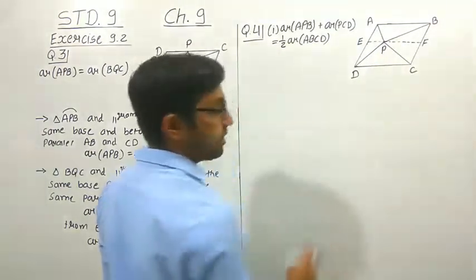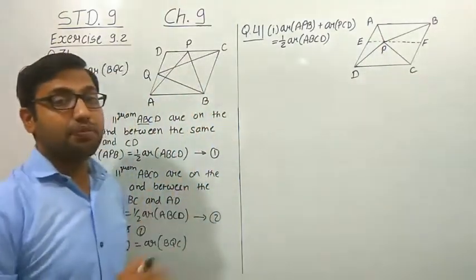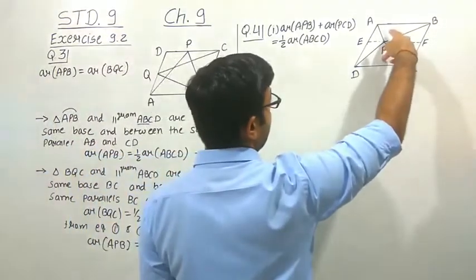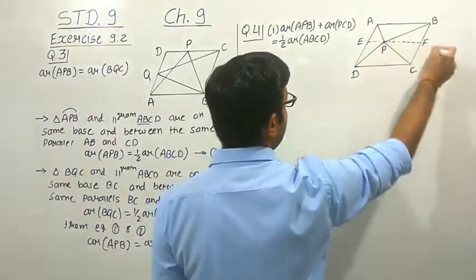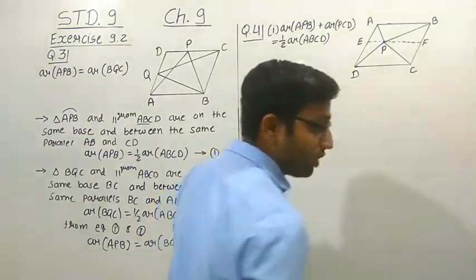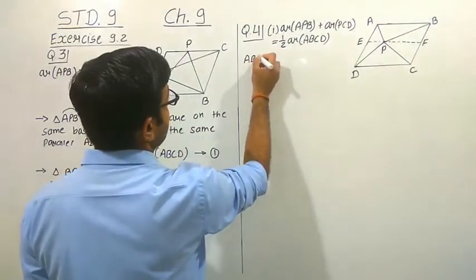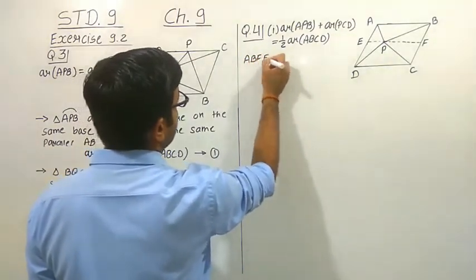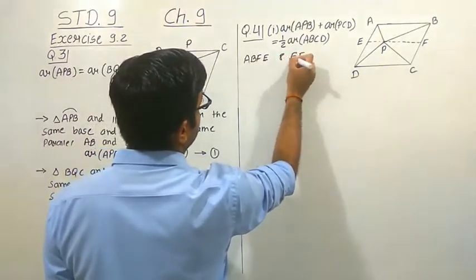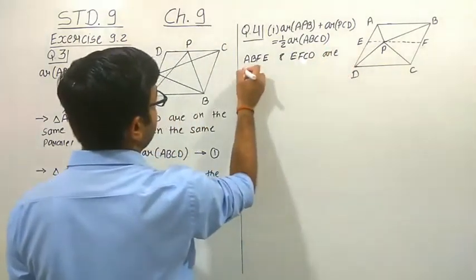So what happens here is AB, EF and CD, all the three lines are parallel to each other. So two parallelograms are formed. ABFE is also a parallelogram and EFCD is also a parallelogram. So ABFE and EFCD are parallelograms.